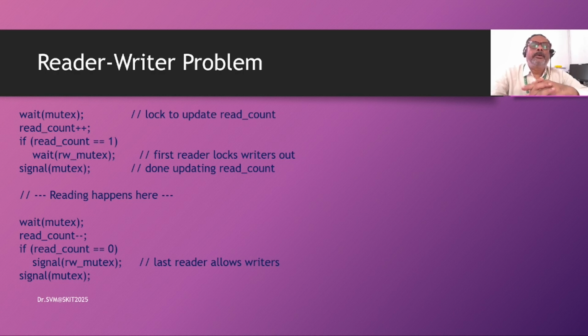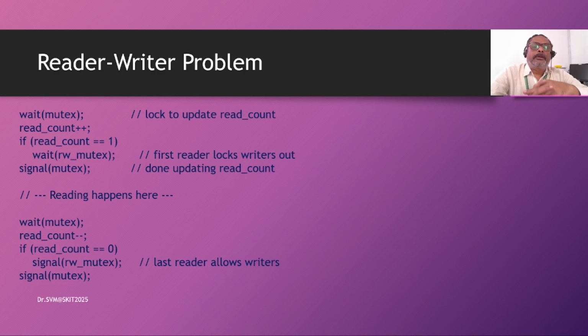So use wait, and if we are allowed to, then get in and increment the read count, and if read count is 1, that means the first reader locks the writer out. Then wait for the read-write mutex.